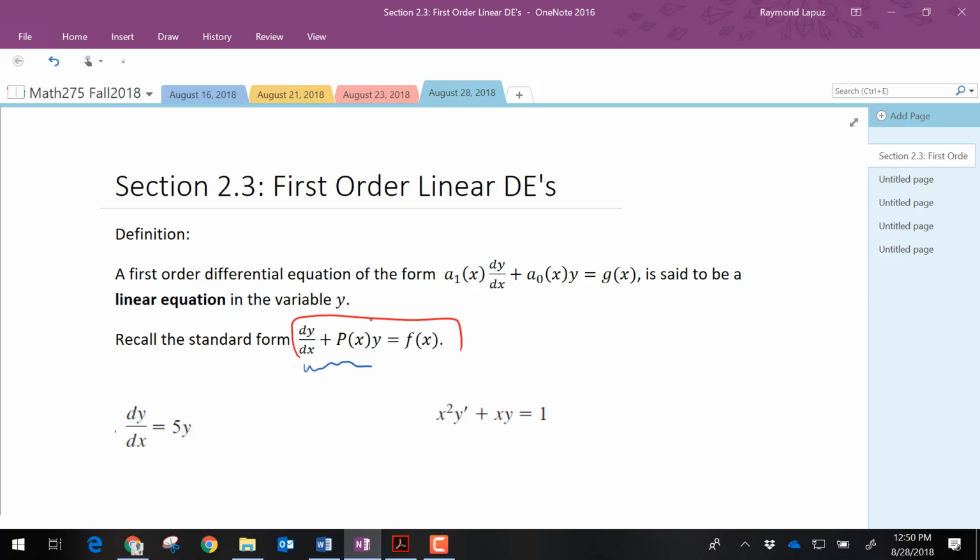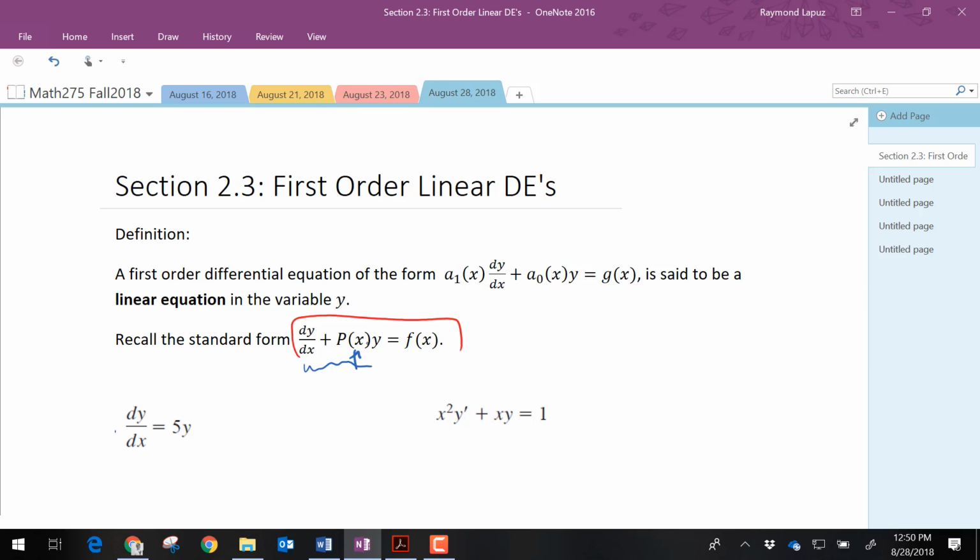Except there's something missing, right? Obviously. We want to know what's happening with this p of x over here. And so the process here is to force this thing to look like a product rule. And then we're going to take advantage of some calculus to undo the product rule and then be able to solve for it that way.